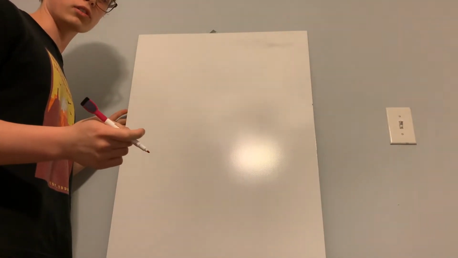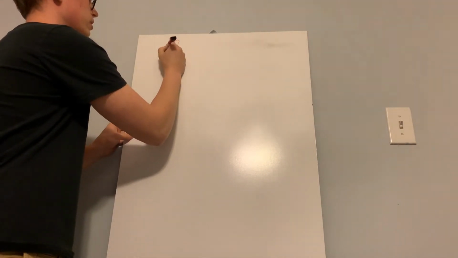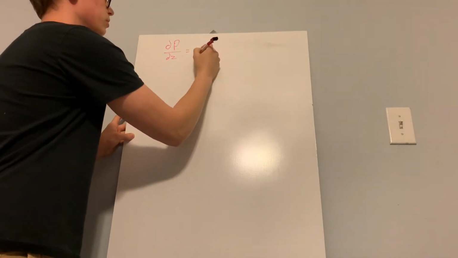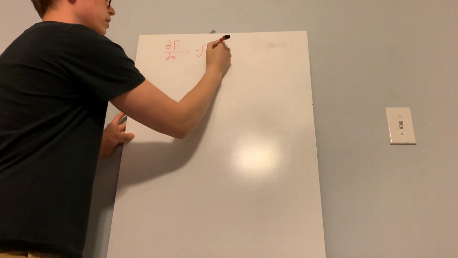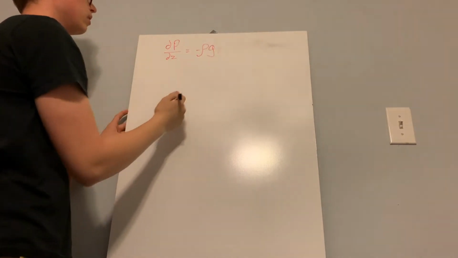Okay, so we're going to start with our law of statics. That was the equation dP over dz is equal to negative rho, the density, times g.